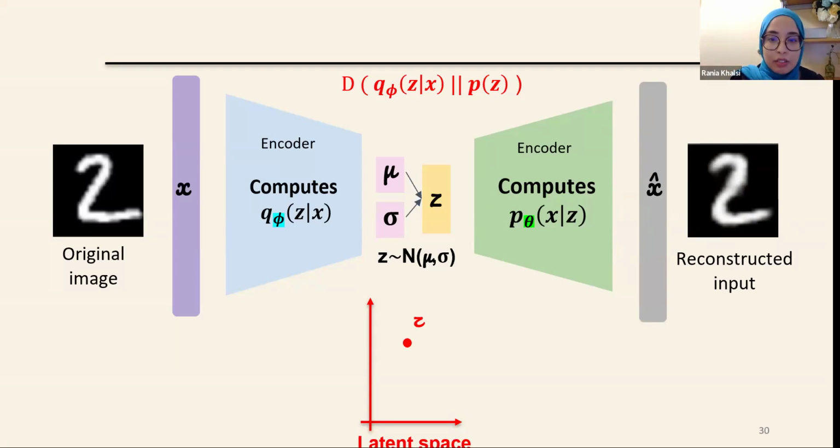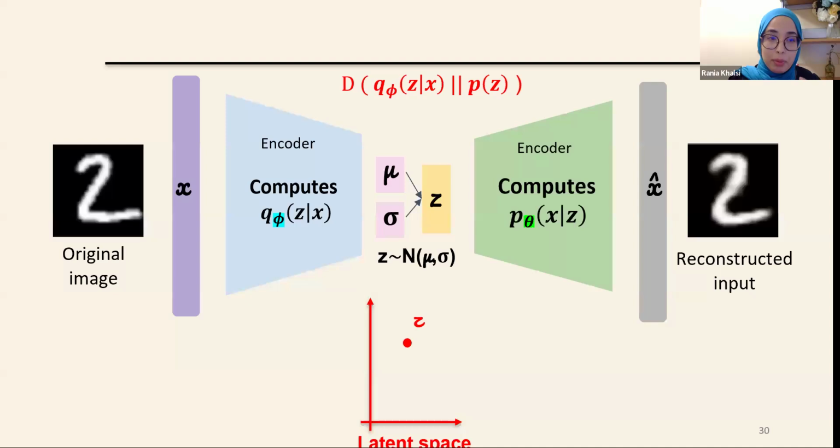This single vector, represented by a single point in the latent space, is converted into a Gaussian distribution in the latent space in the case of VAEs. And again, it has mu and it has sigma. Instead of a fixed point, each input is representing a distribution.